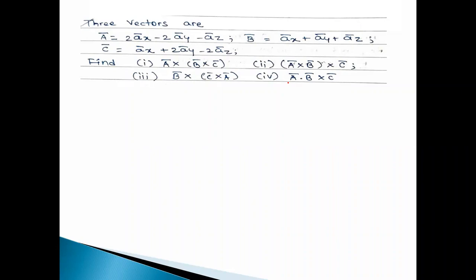Who told me the first answer? Sorry, the second one. How did you solve this example? Minus 2 a bar x plus 2 a bar y plus 1 a bar z. Snehal, do you have any doubt?